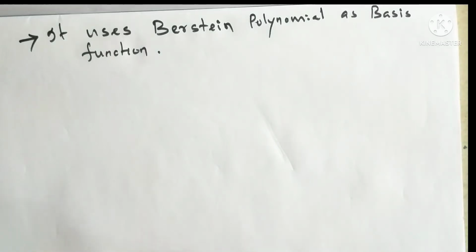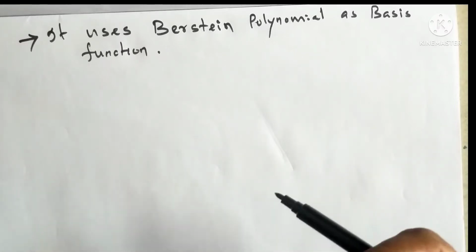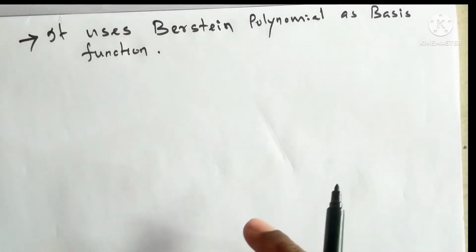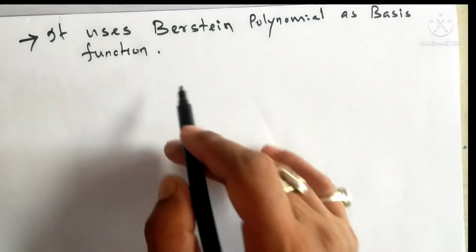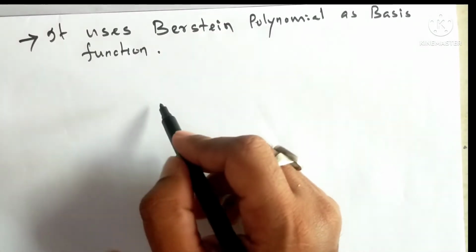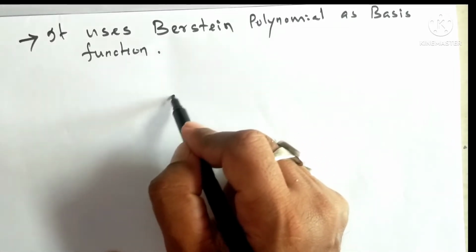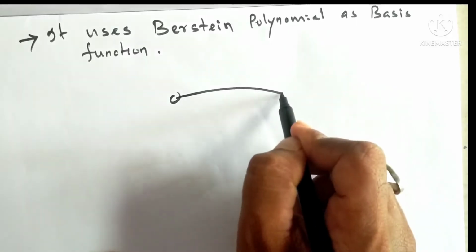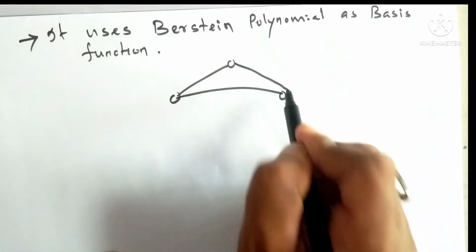So let's go on to represent the Bernstein polynomial function which is used in the Bezier curve. A Bezier curve is nothing but a collection of control points. I can place a control point here, another here, and one more control point here also.